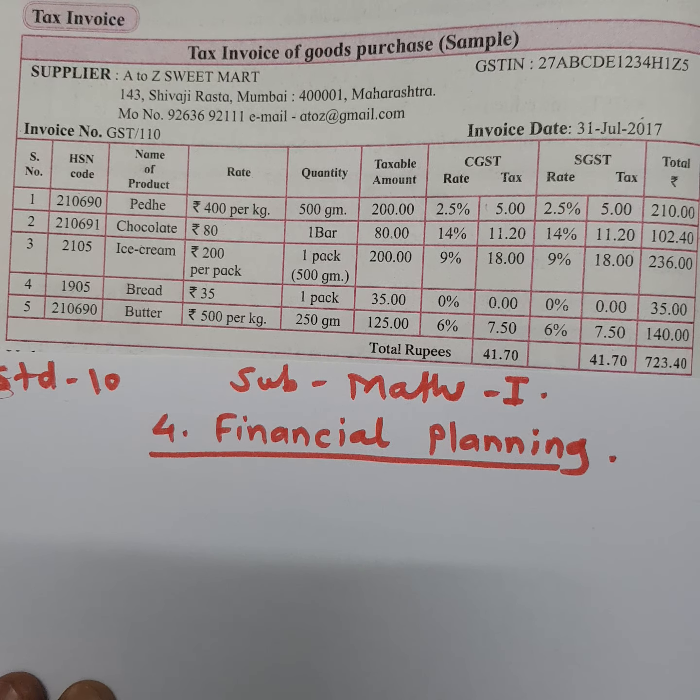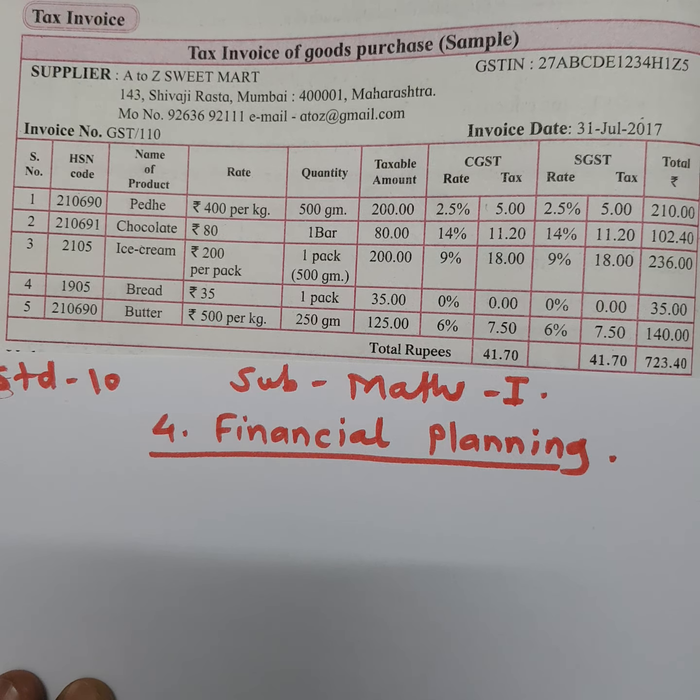Then we studied the HSN code and SAC code. HSN codes are for goods. The long form of HSN is Harmonized System of Nomenclature, and the long form of SAC is Service Accounting Code.